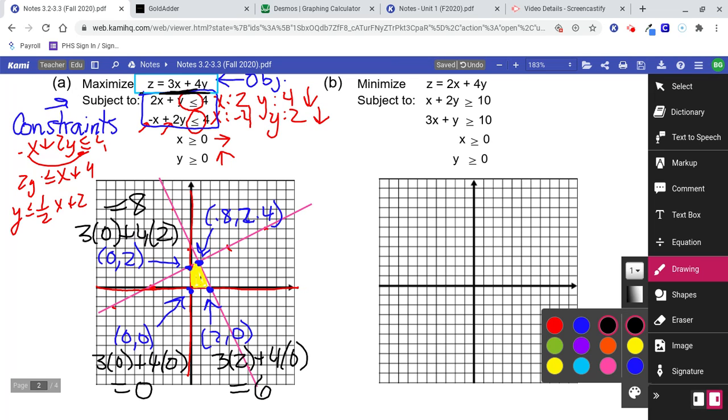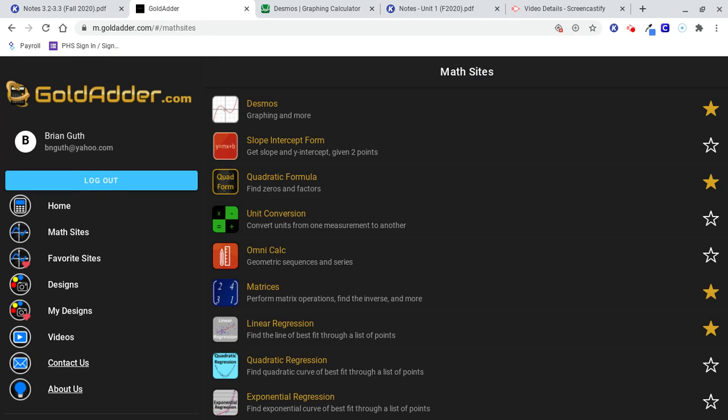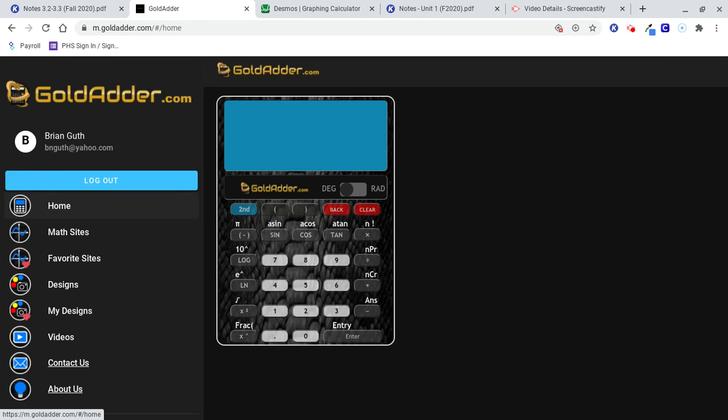And then the hard one, I guess, you've got 3 times the x number plus 4 times the y number. 3 times 0.8 plus 4 times 2.4. You can always use a calculator. 3 times 0.8 plus 4 times 2.4 is 12.